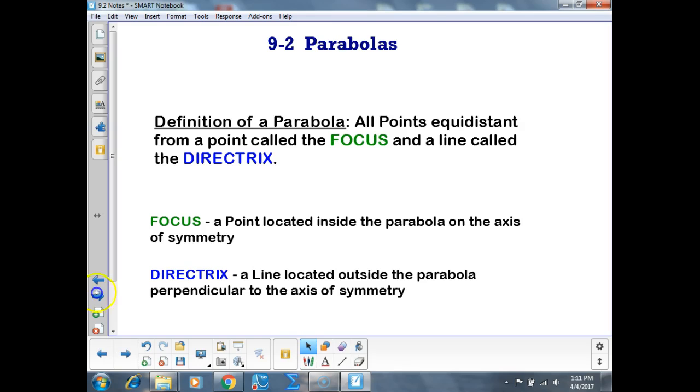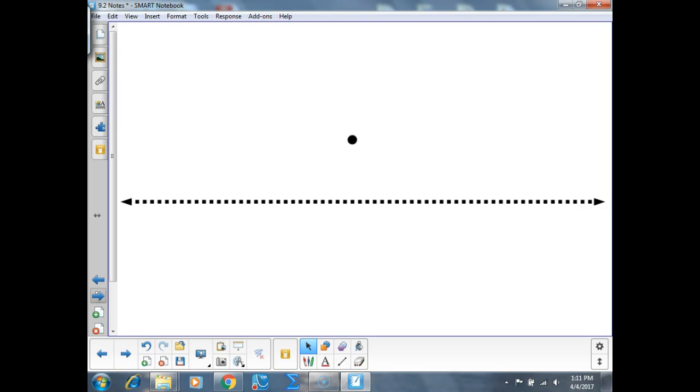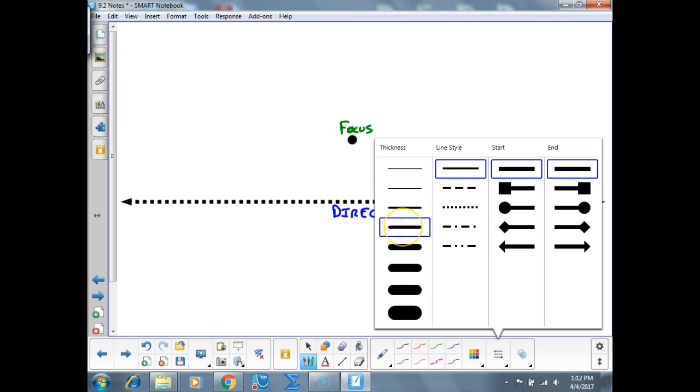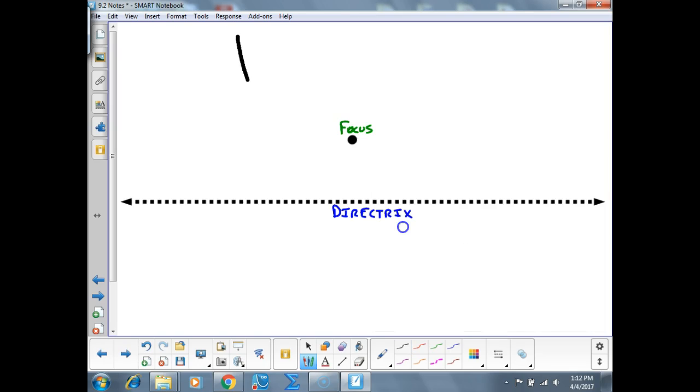So it looks kind of like this. So here's a point and a line. So this point would be called the focus. And this line would be called the directrix. Okay? And so our parabola is going to look like that.